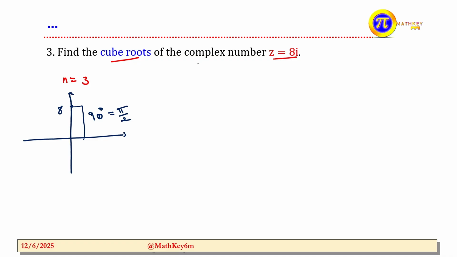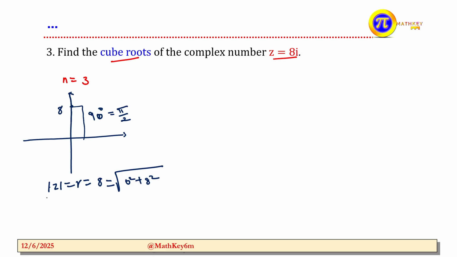And what is the modulus? We call this r. The modulus of z is equal to r, which is the absolute value, that is 8. Since it is positive, it is 8. Or you can say it is the square root of 0 squared plus 8 squared, which gives the same result, 8.